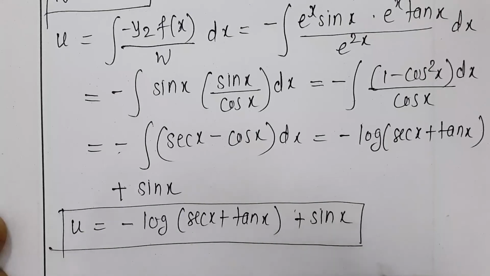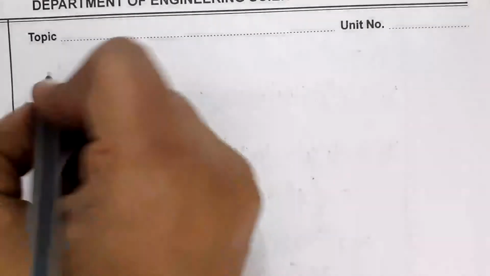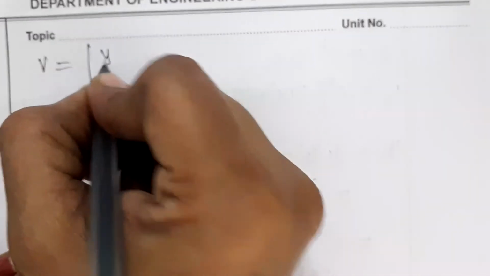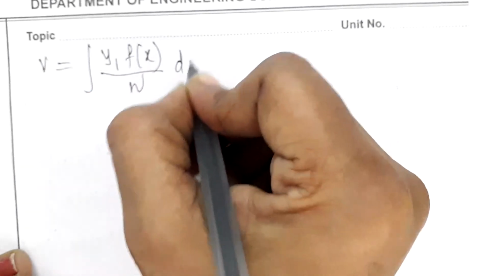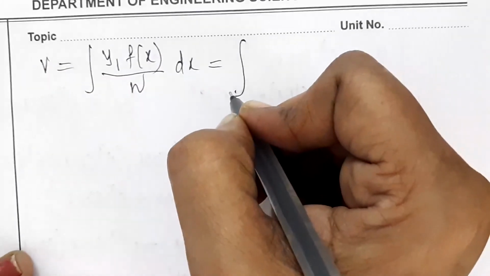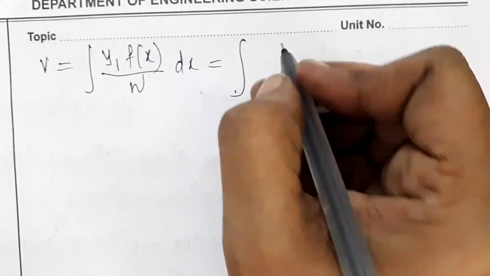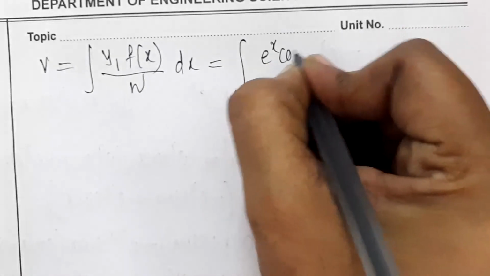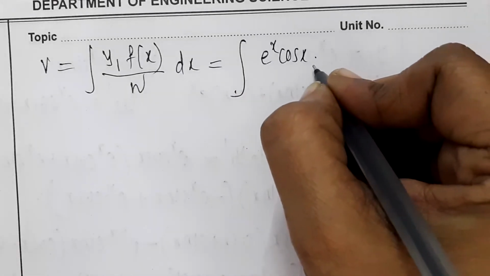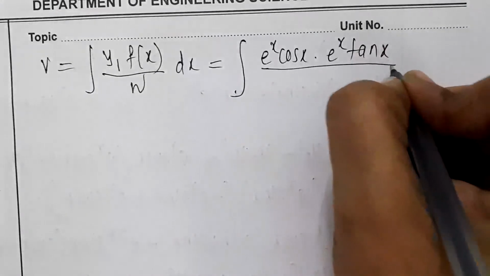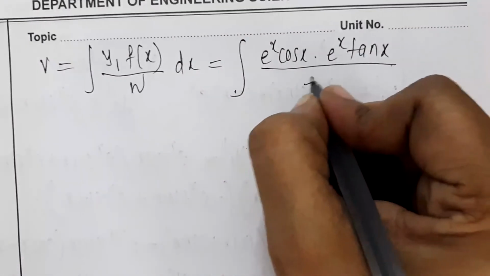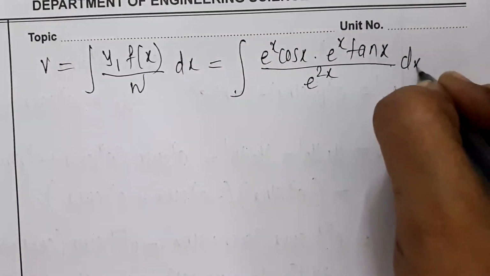Now we want v. So v is equal to integration of y1 into f(x) divided by w into dx. So y1 is e^x cos x, multiplied by f(x), which is e^x tan x, divided by w, which is e^2x, dx.